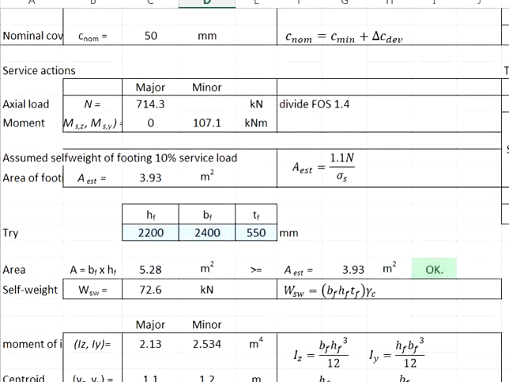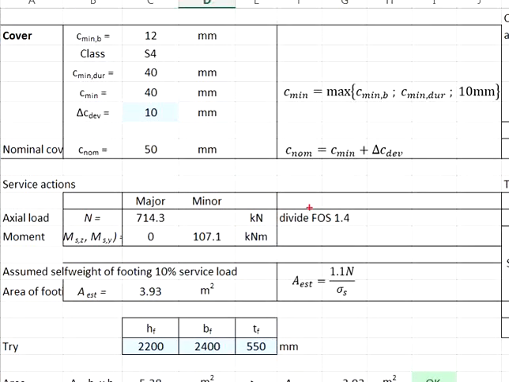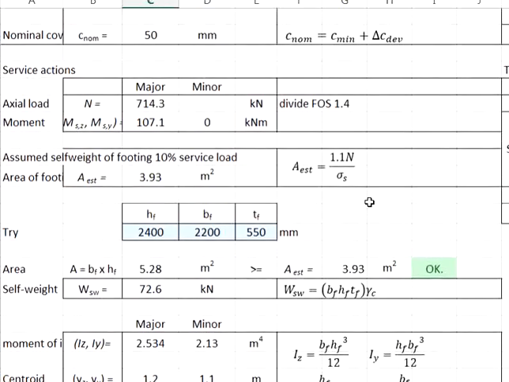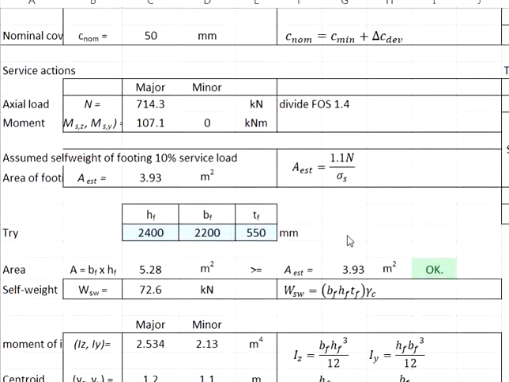Another common principle is that normally we will propose a longer span of the pad footing in the direction of the moment. In this example, the moment is in the minor axis, so we will use a longer span in the minor axis. In our previous example, the moment is in the major axis, and therefore a longer span will go in the major axis.